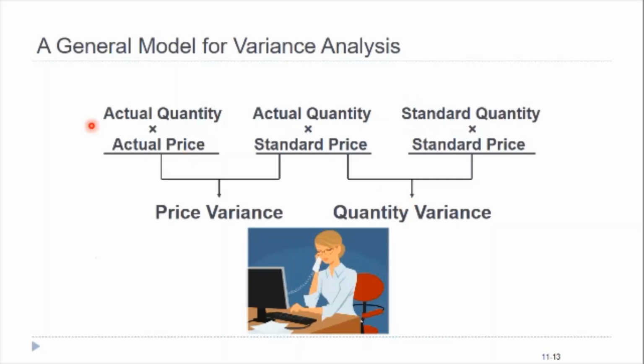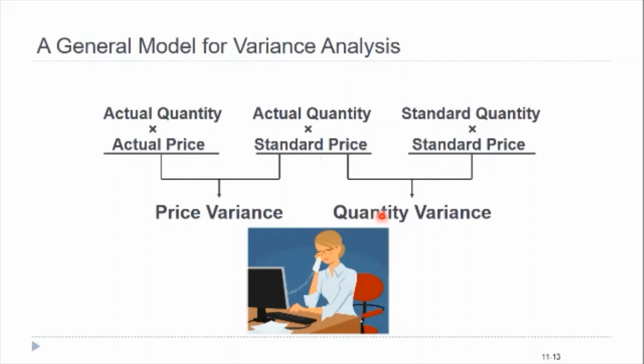All right. When you are actually carrying out the multiplication and the subtraction, you can use this here. The first column is done this way: column 1, column 2, column 3. All right. Then you take this from this, and that will give you the price variance. And this from this gives you the quantity variance.